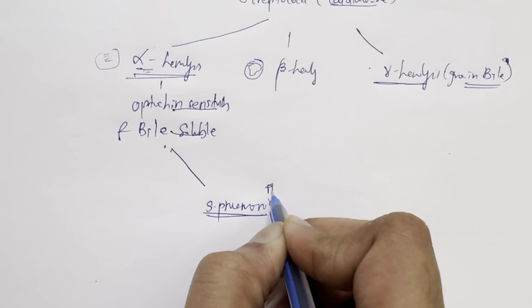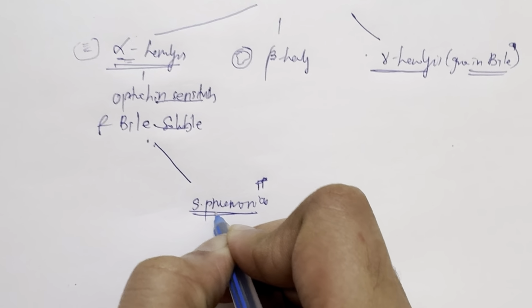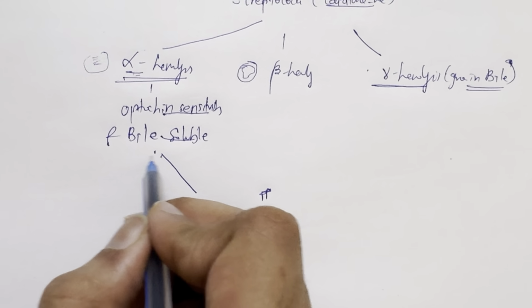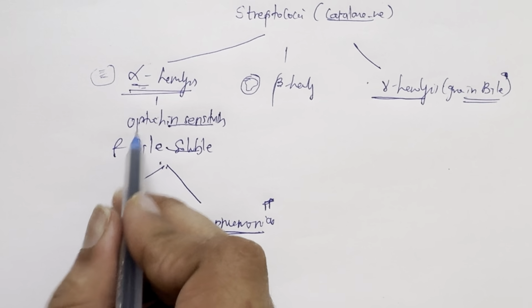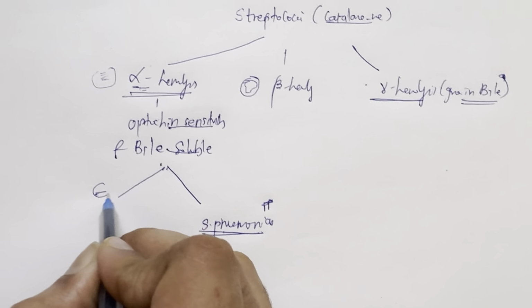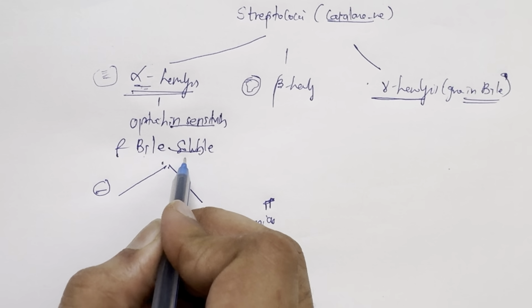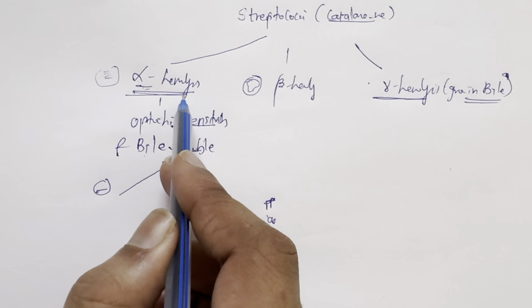This is a very important organism, so we'll be discussing it first. And the second thing I want you to remember is there are some organisms which are optochin resistant and bile insoluble, but they show the property of alpha hemolysis.